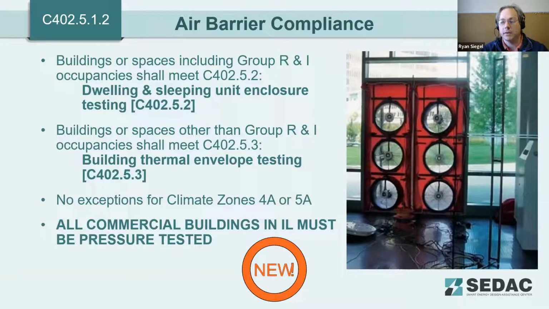Previously, the codes had a listing of materials that could be used as part of air barrier compliance, saying as long as you used materials that were on this list, the air barrier was deemed to comply. However, now, through recognition of the impacts and testing that's been done in the field, they've identified that while materials were air barriers, installation methods and techniques were not always up to par.